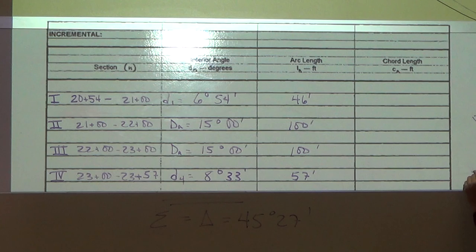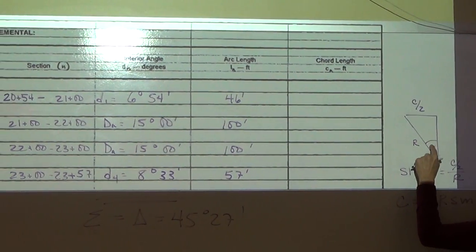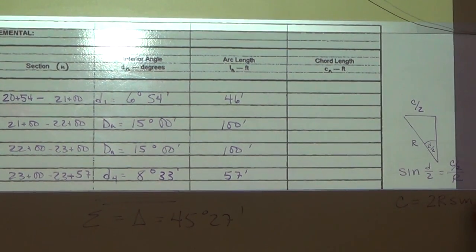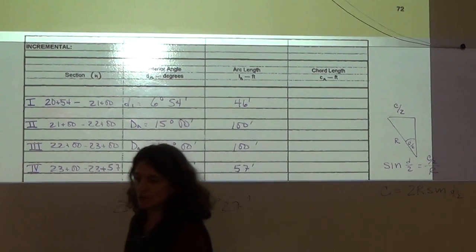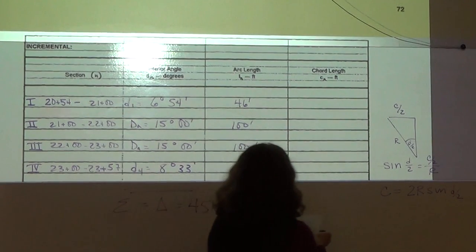So, the sine of delta over 2 is equal to C over 2 over R. So C is equal to 2R sine, and actually I shouldn't put delta, I should put the little d, because we're working with little portions, d over 2. And in the end, I'm going to write down what the chords are, but again, you should check them to make sure that you're comfortable with the calculation.